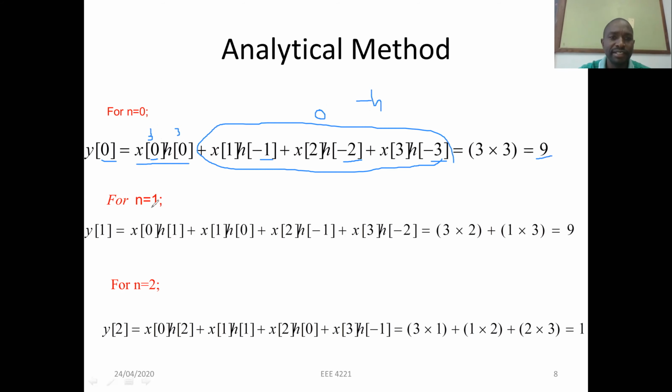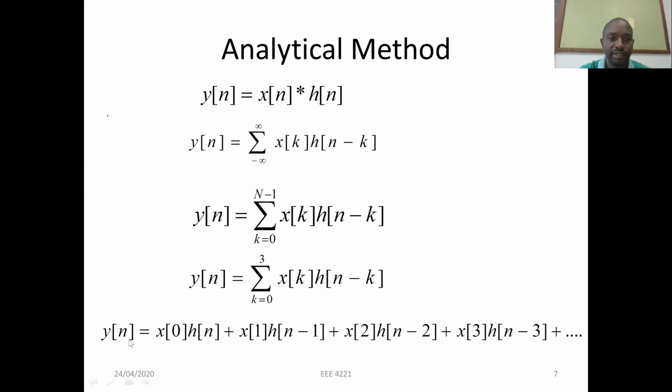Then we move on again in the equation. We move on by substituting wherever we have y of n, in this equation here, n equals 1. So basically what we are doing here is putting a 1 here.